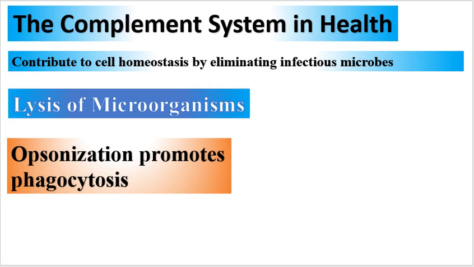So also the complement system contributes to cell homeostasis by eliminating infectious microbes by lysis of microorganisms or phagocytosis by the process of opsonization.